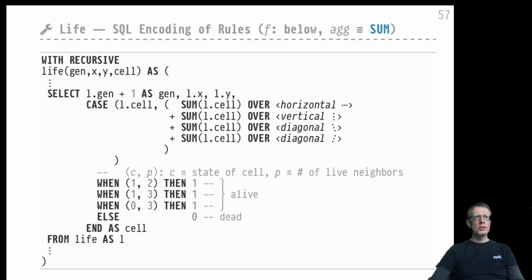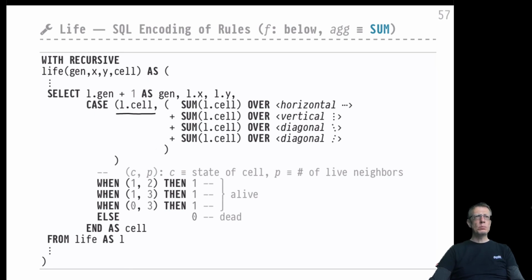Okay, and to compute the new state, you see that this is a rather large conditional expression here, but all it does is compute the new value of column cell. So that would be the new cell state, right? So we expect the new cell state to depend on our own state, which is what we have here. L.cell is our current state.